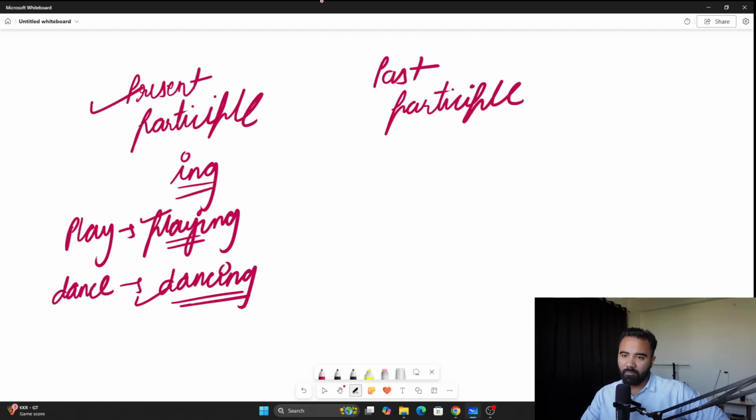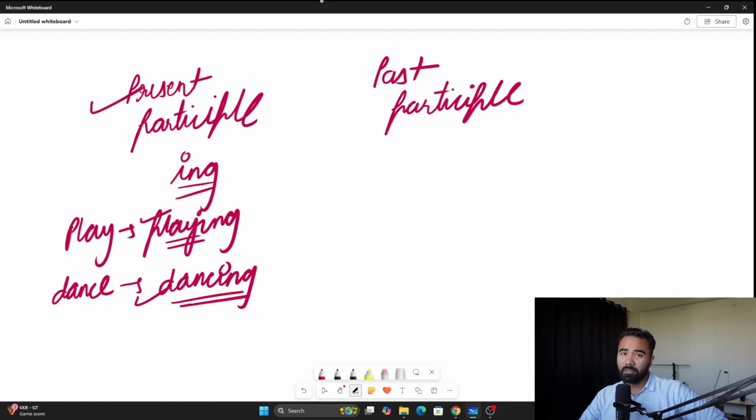Playing is largely used, the ing forms of verbs are largely used in present tense, but there are also conditions under which it can be used in past or in the future, like he had been playing, or he will be playing, and so on and so forth. But largely it is used in the present tense, hence we call it the present participle. It is also one of the forms of verb.